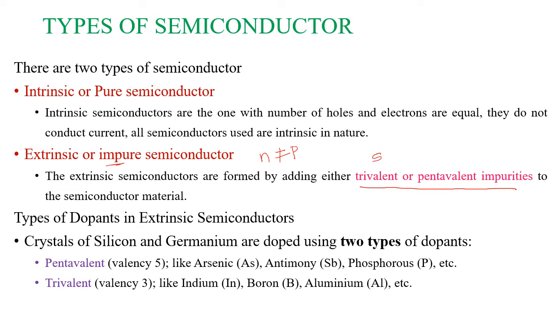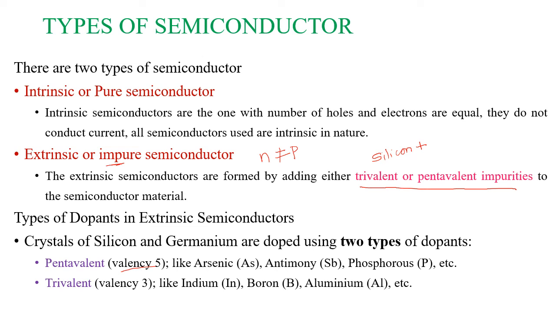For example, silicon is a semiconductor atom. So you have to add any pentavalent or trivalent atom. Like you see arsenic, antimony, phosphorus. They are pentavalent atoms whose valence electrons are 5.